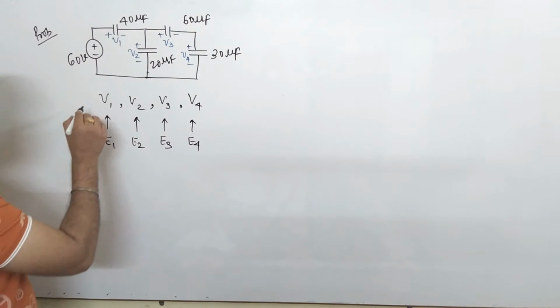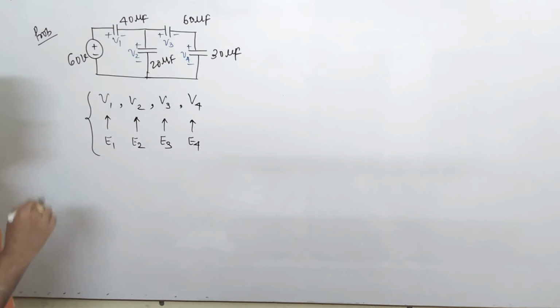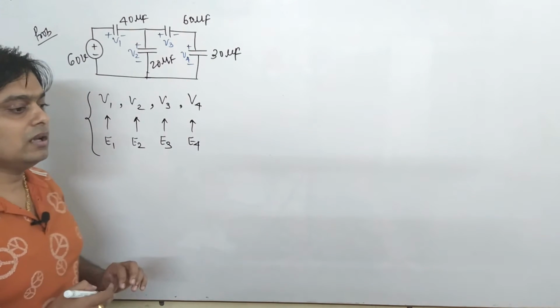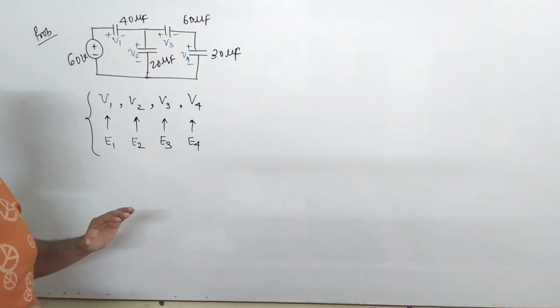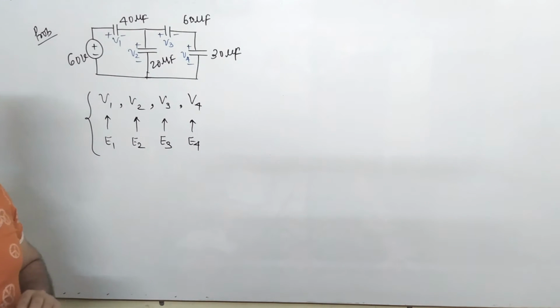Okay, so this is one type of problem in which we understand how we find the value of voltage across the capacitors. Now please see, as I already mentioned how to apply the voltage division rule across capacitors in my previous video, the same concept we will apply here.